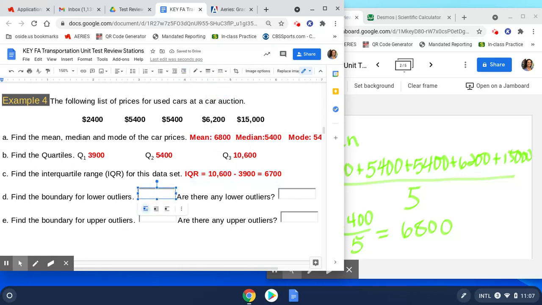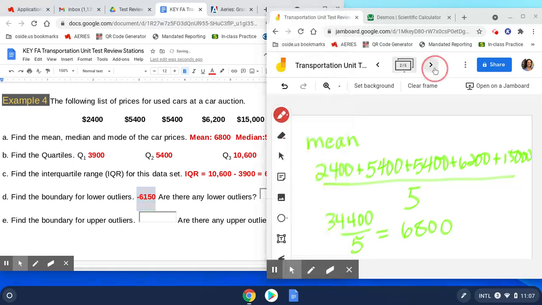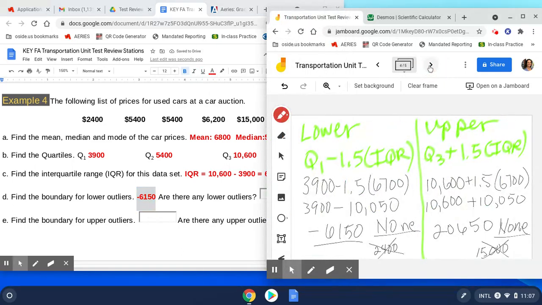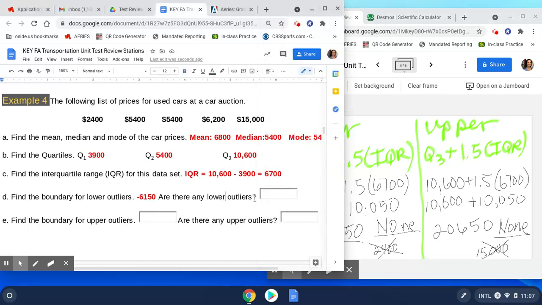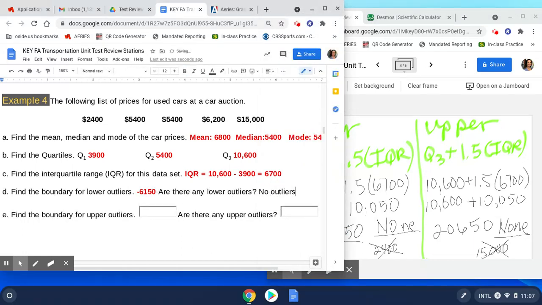The boundary for the lower was negative 60-something 50. Let's go double check that. Oh, good guess, negative 6,150. And so we didn't have any data below, so we say no outliers, or let me just say no lower outliers.